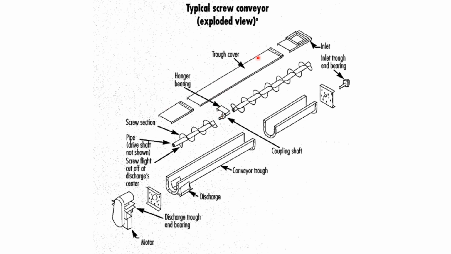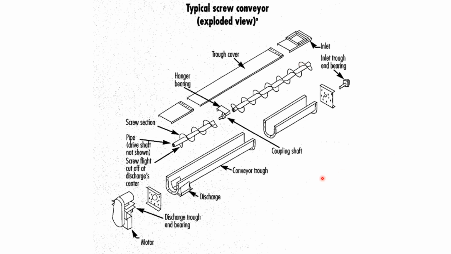On top we have a trough cover; in the case of a pipe trough, we don't have a trough cover. These are the typical screw conveyor components, common in almost all types of screw conveyor.